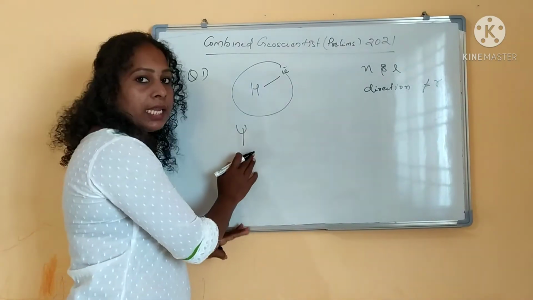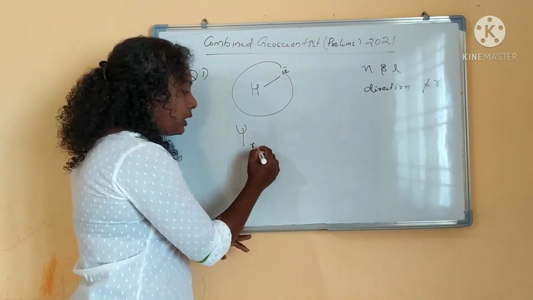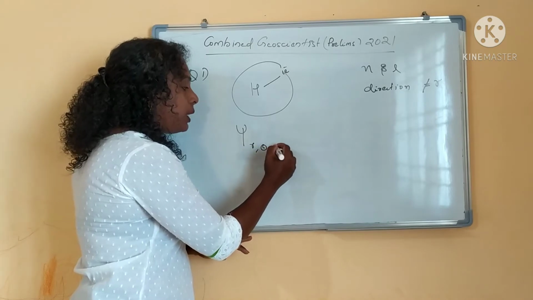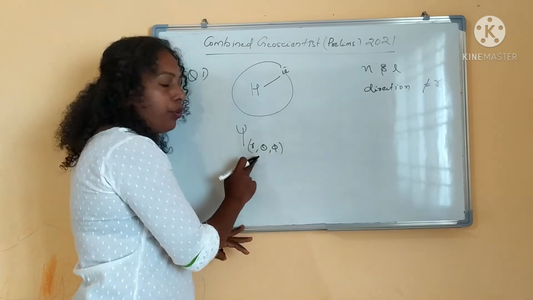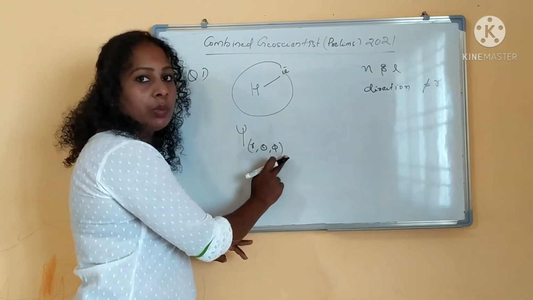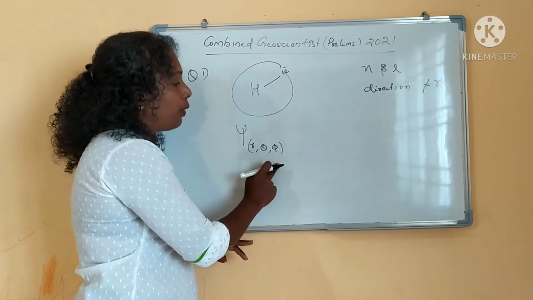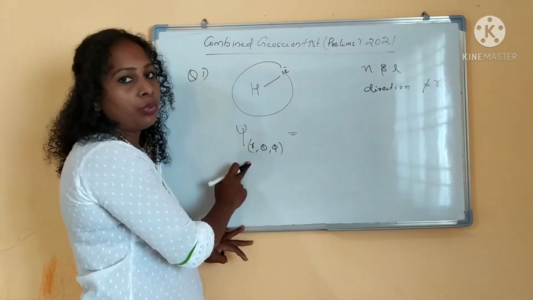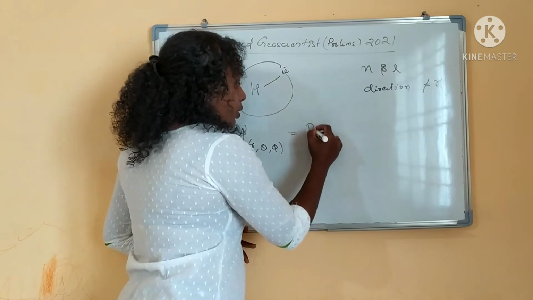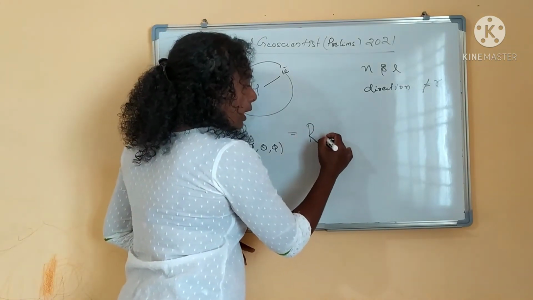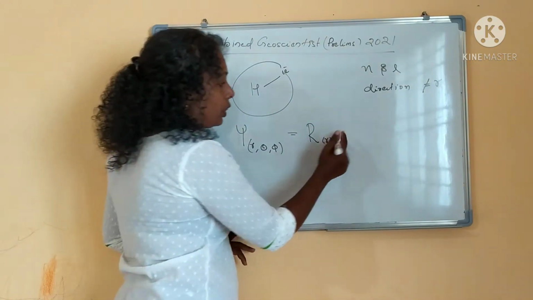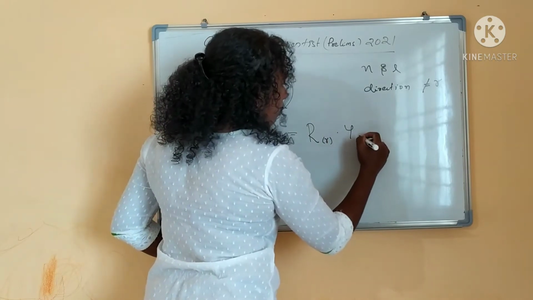So psi depends on the Cartesian coordinate as well as the spherical coordinate. You have to take the r value, theta value and phi value to set up the Schrodinger wave equation. So it depends on the radial function and spherical harmonics, we will say.